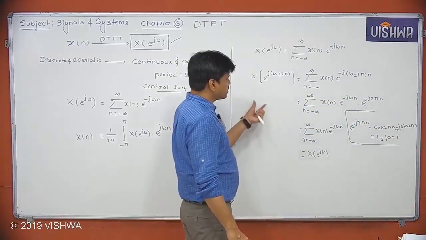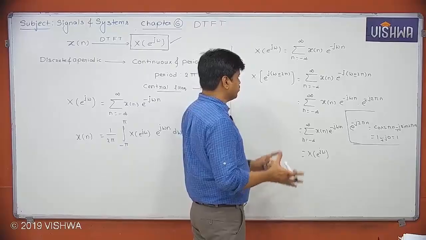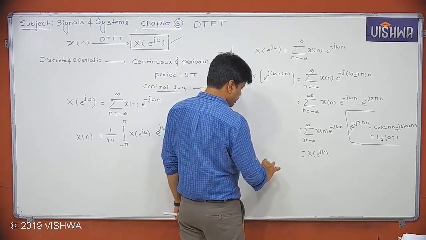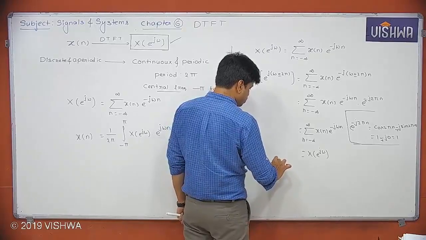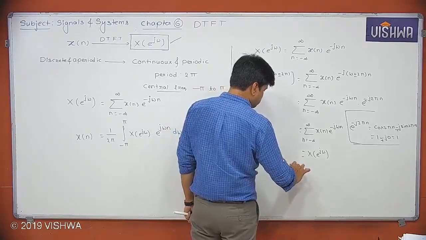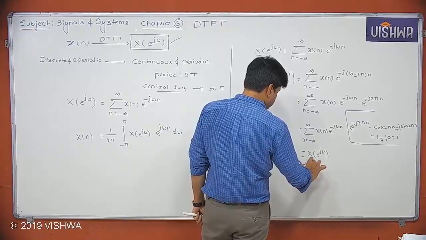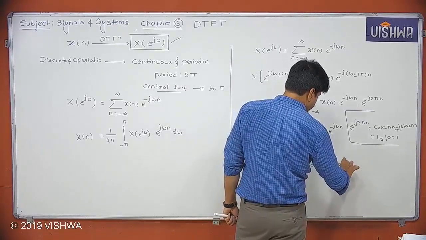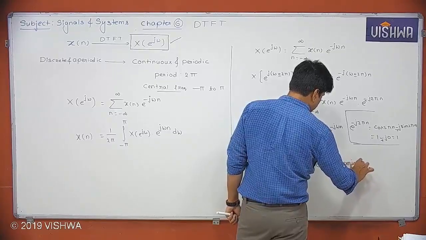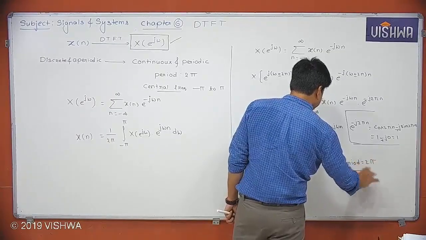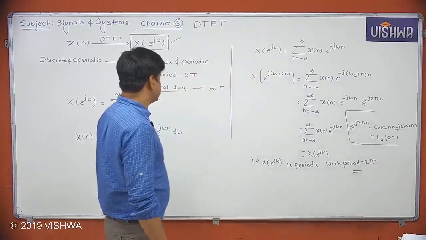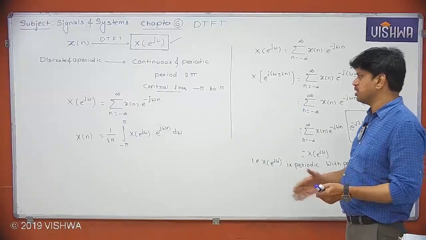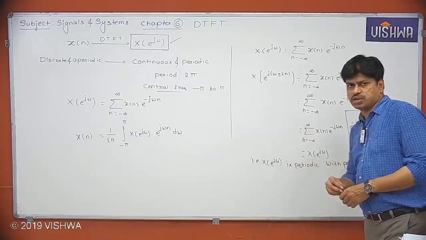So that is nothing but X of e power j omega is periodic with period 2 pi. This is what we have discussed. Clear? The formula is similar to that of the Fourier transform, but it is a summation, not an integration.